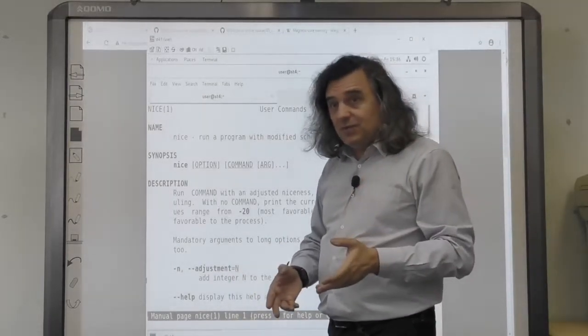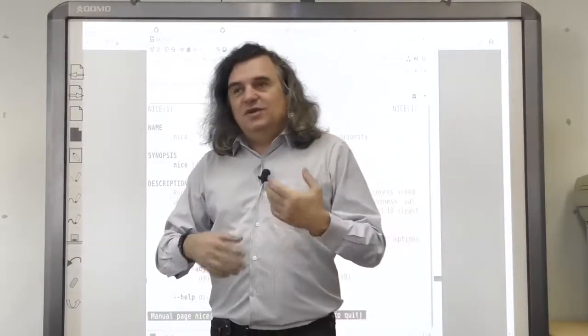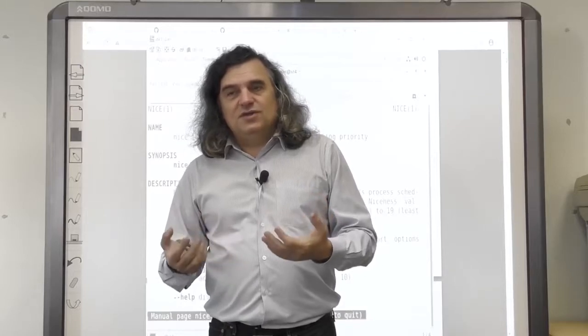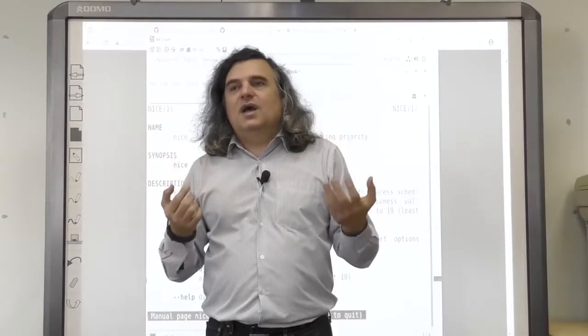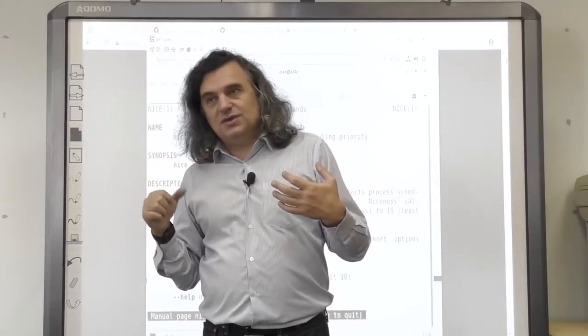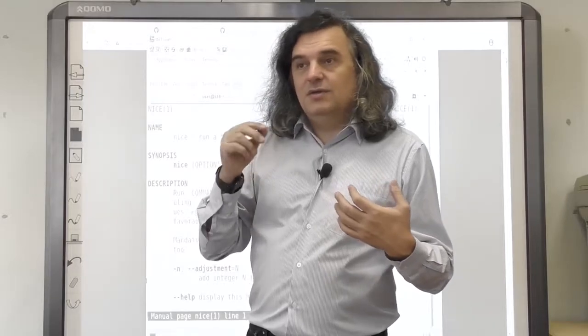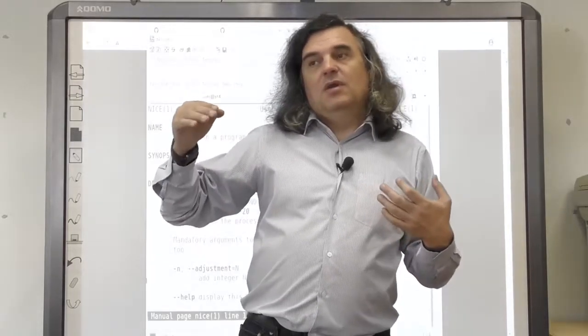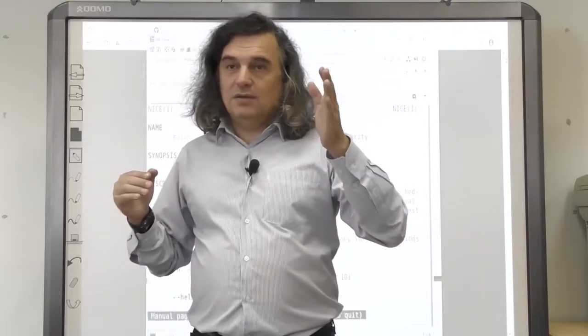The smallest number means the highest priority. Nice's range can be different on different systems, and you should look at man nice on your system. In the case of Linux, nice value is between -20 and 19.